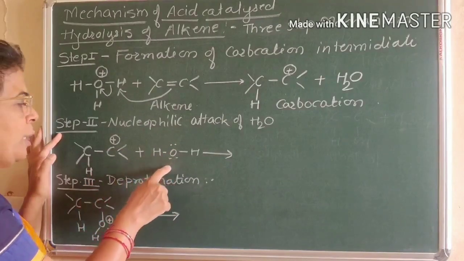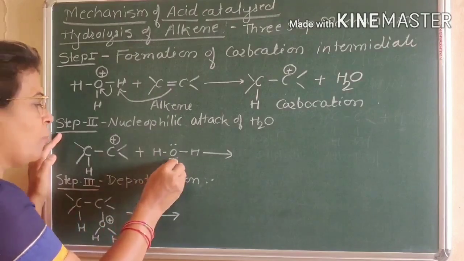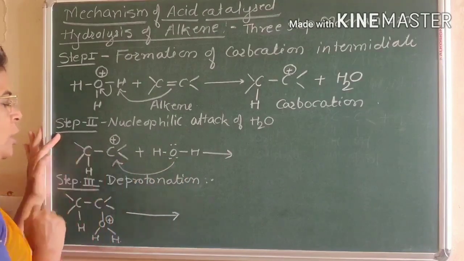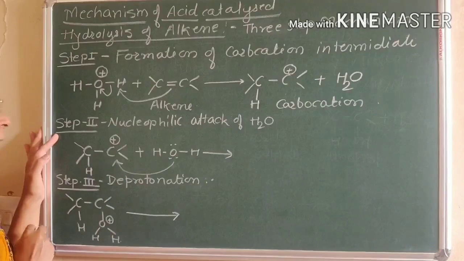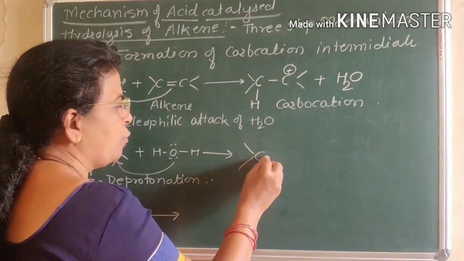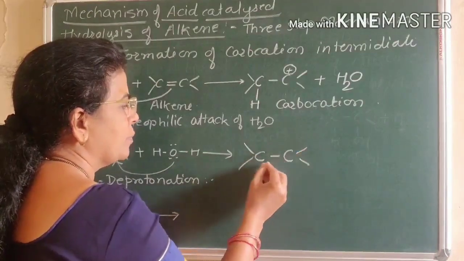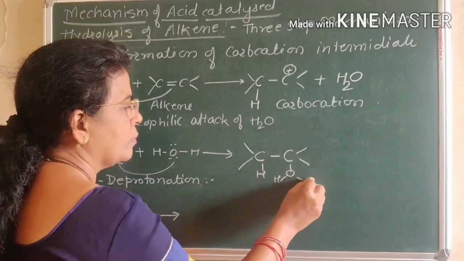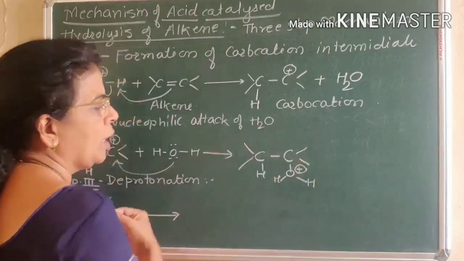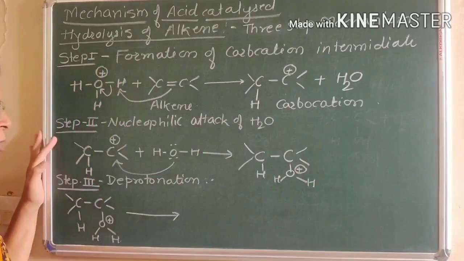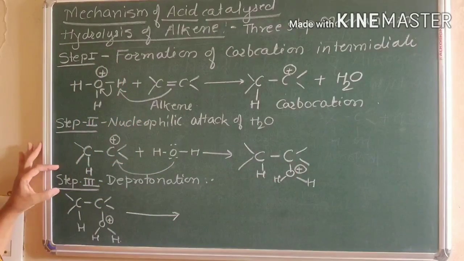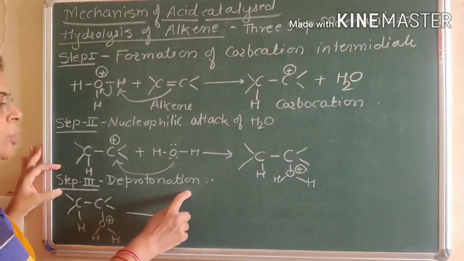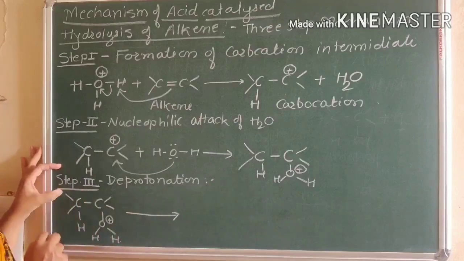Therefore nucleophilic attack of water takes place on this carbocation, and this intermediate is formed. Formation of this intermediate takes place, and in step 3, deprotonation of this intermediate takes place to form alcohol.